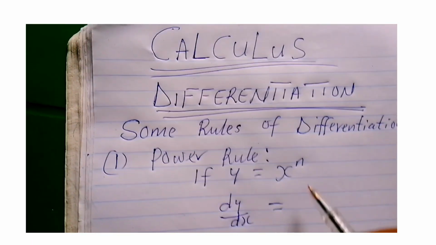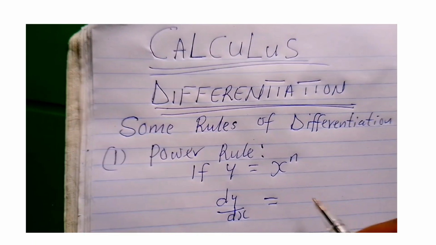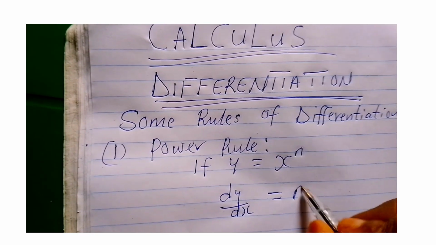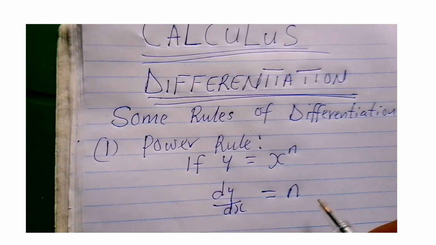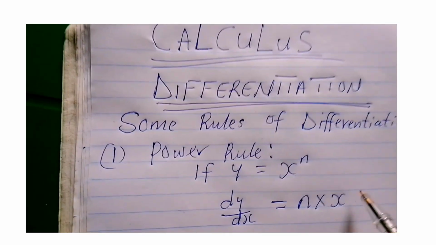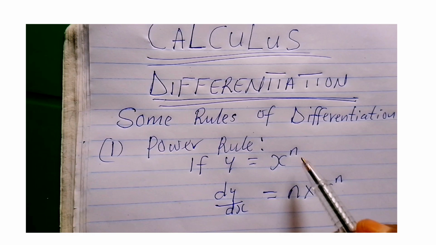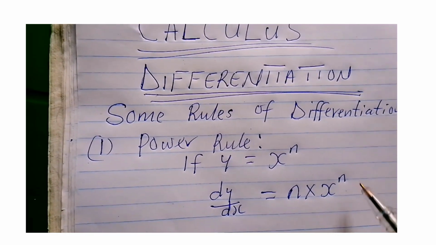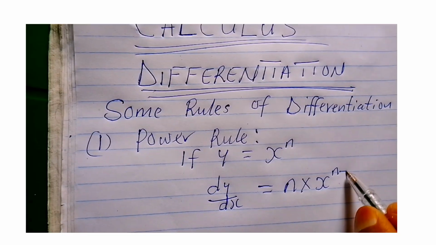Now, the power n, we multiply the entire function x raised to the power of n by it. Then we subtract 1 from the power.